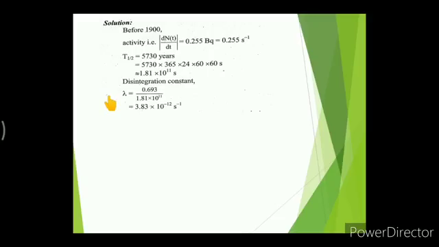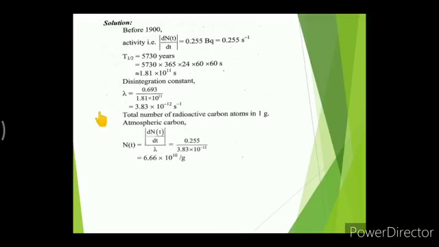So the disintegration constant lambda is the ratio 0.693 upon 1.81 into 10 raised to 11, and this ratio we get as 3.83 into 10 raised to minus 12 per second.